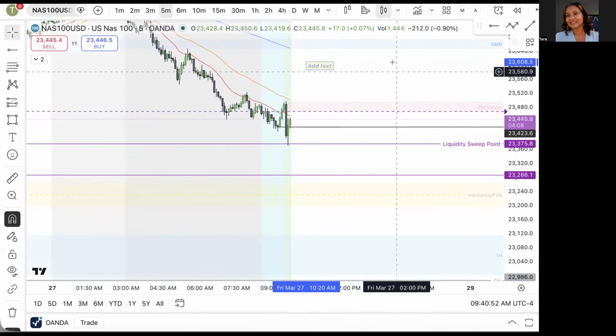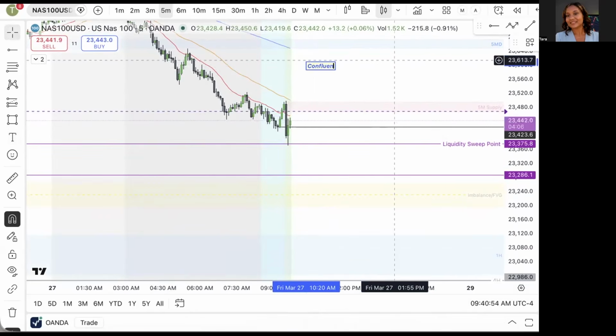Okay, and while we're waiting for price to reach the zone, we can go ahead and list our confluences.